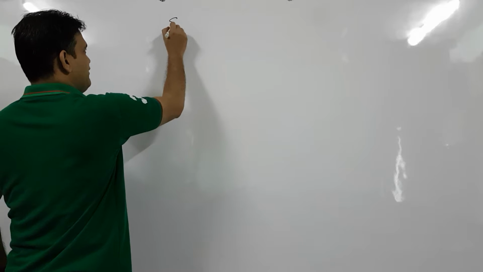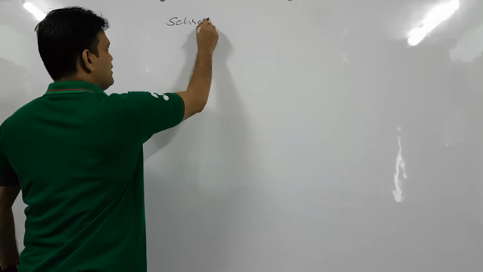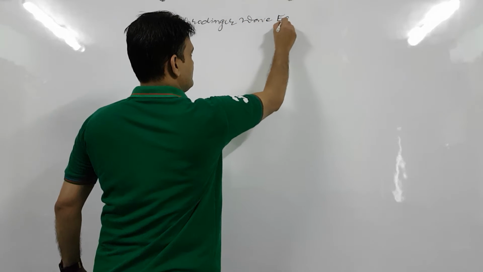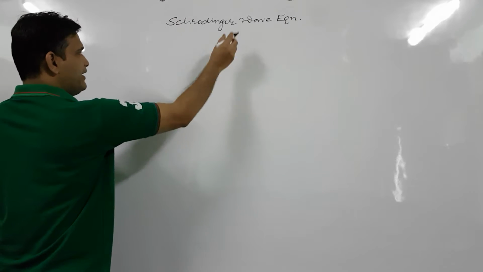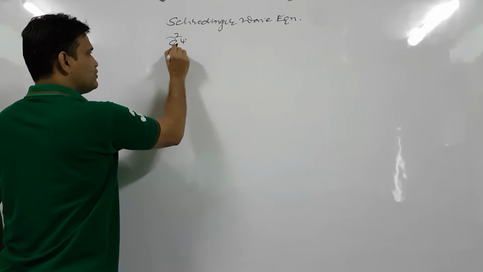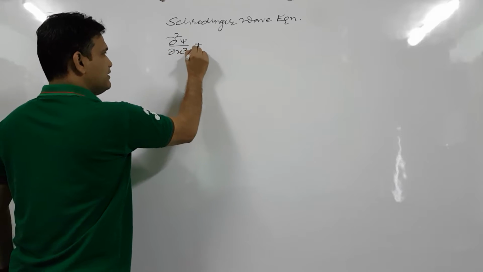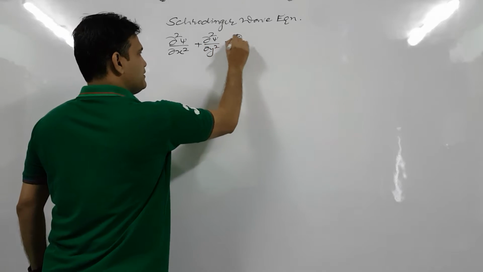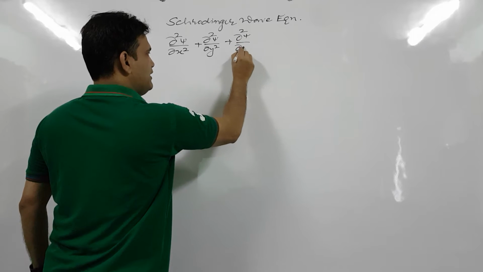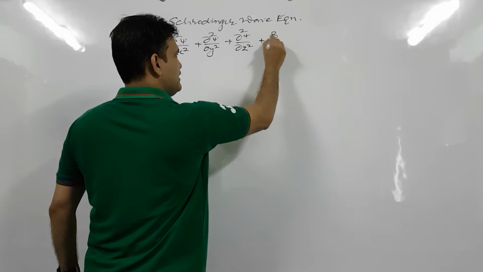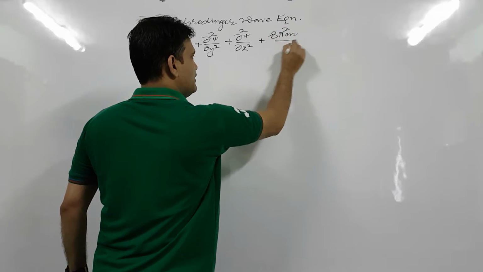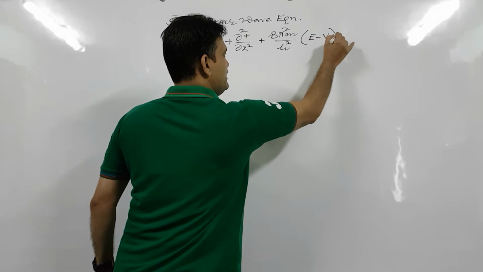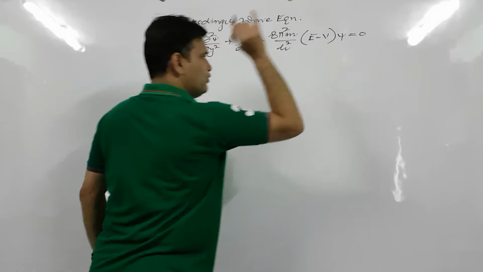We have a wave equation which is called the Schrödinger wave equation, and according to this equation, ∂²ψ/∂x² + ∂²ψ/∂y² + ∂²ψ/∂z² + (8π²m/h²)(E − V)ψ = 0.